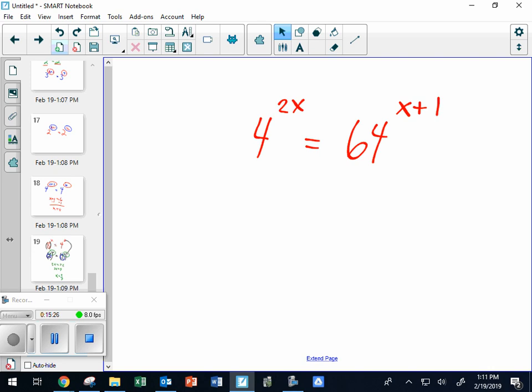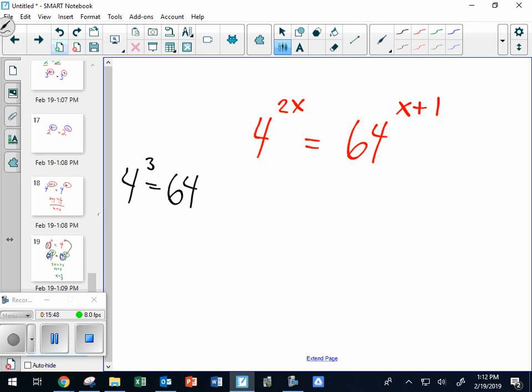Because a lot of people don't know that 64 is actually 4 to the something. Very good. I'm going to write it off to the side. A little factoid that some people know and other people don't. 4 to the third is 64. Try to use that. See if you can do this.